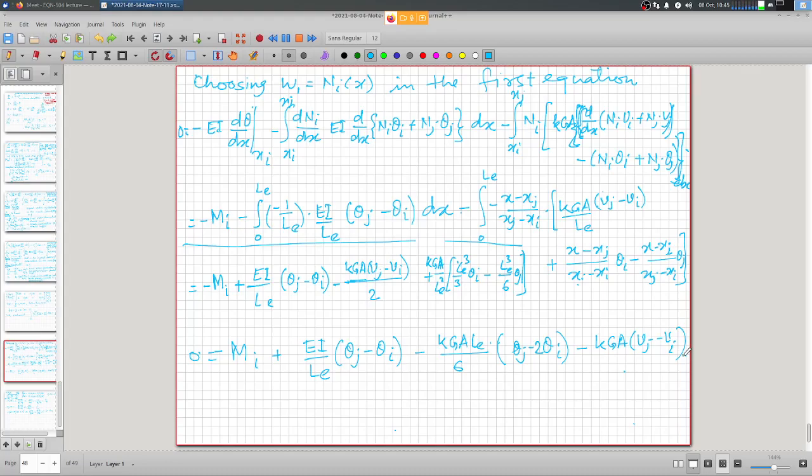The idea is, what I wanted to demonstrate is how you work your way through the choice of interpolation function and evaluate these integrals. This integral evaluation may be tedious to begin with, but once you evaluate, these are standard results that can be encoded, because these are in terms of the length of the element, element properties, flexural rigidity, shear rigidity, and a shape factor that depends on the shape of the cross section of the beam.